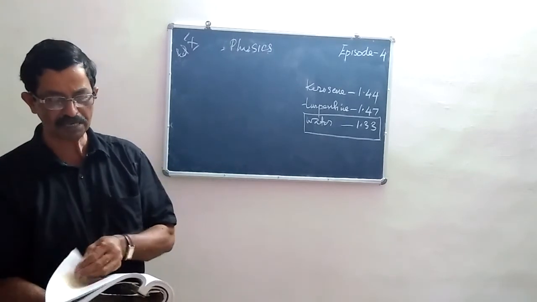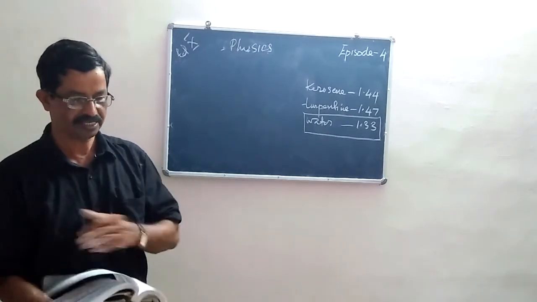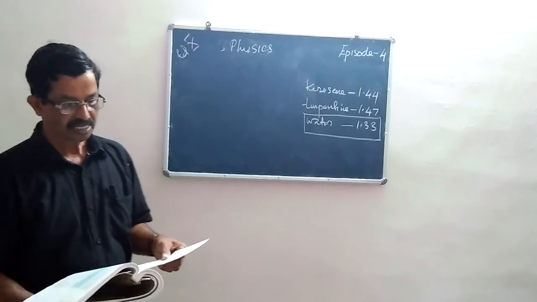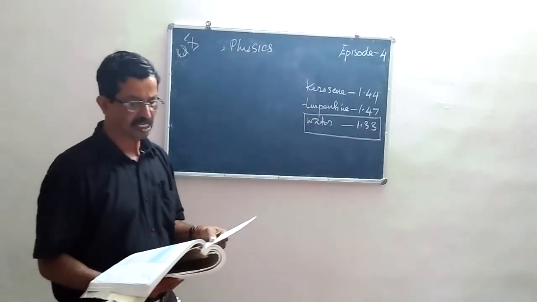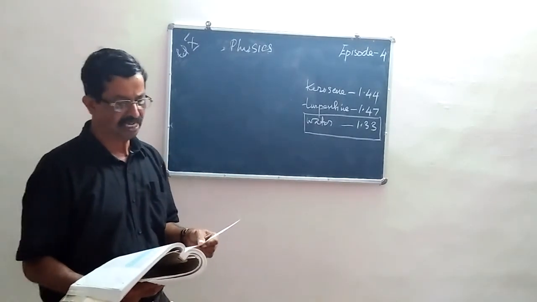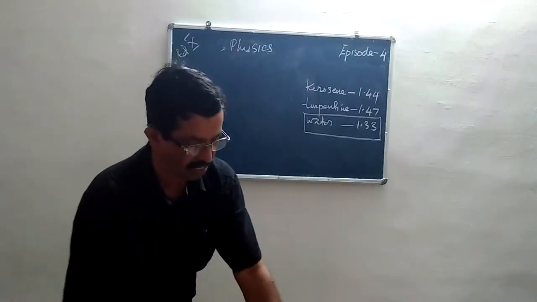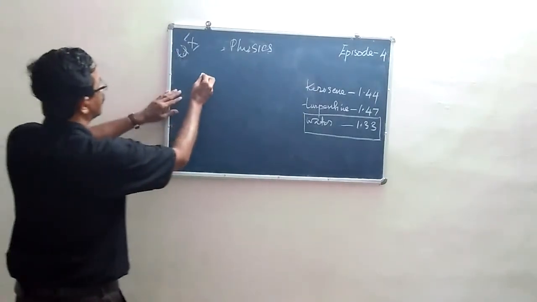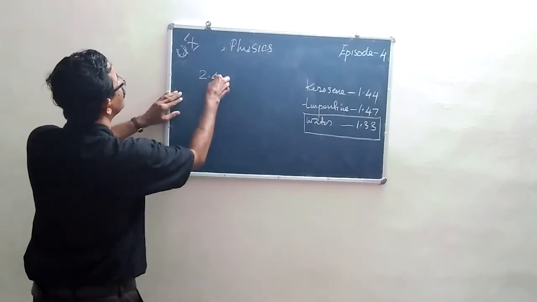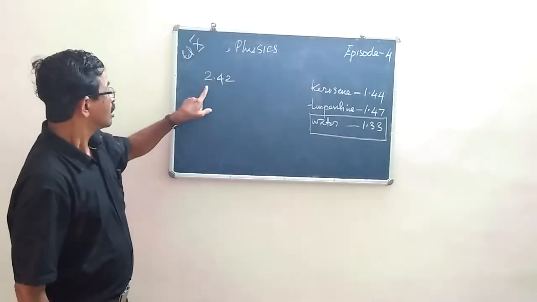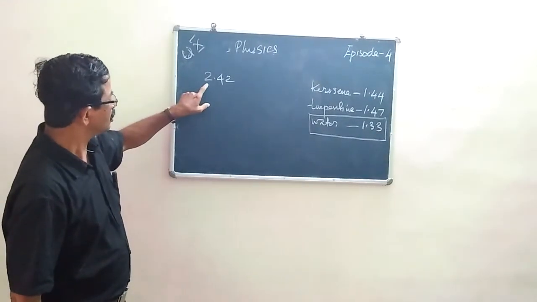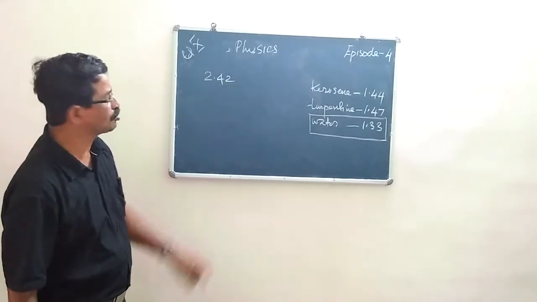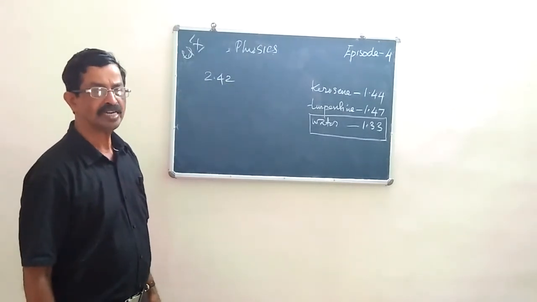One more question is given. The refractive index of diamond is 2.42. What is the meaning of this statement? Here the refractive index of diamond is given as 2.42. What does it mean?